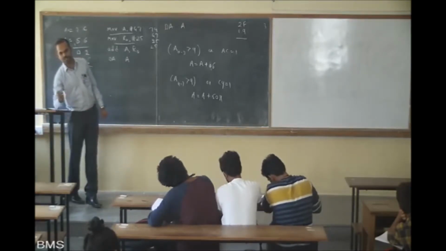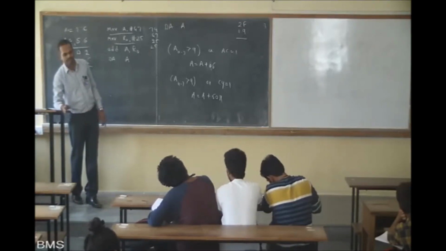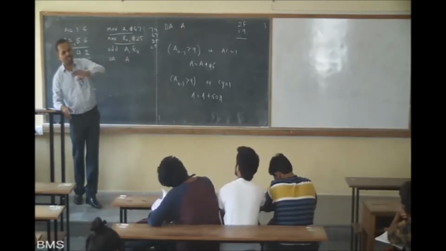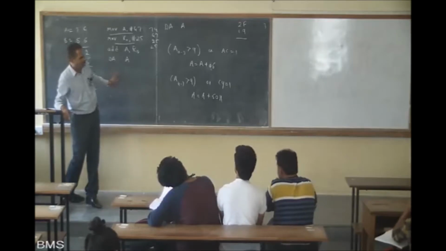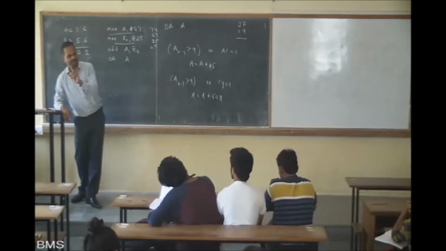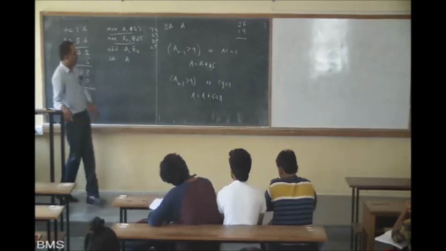No other instruction uses auxiliary carry. That is the meaning of this. No jump on carry, jump on zero, nothing will use the auxiliary carry. Only the DAA instruction uses the auxiliary carry. Only one instruction. Okay? Right.